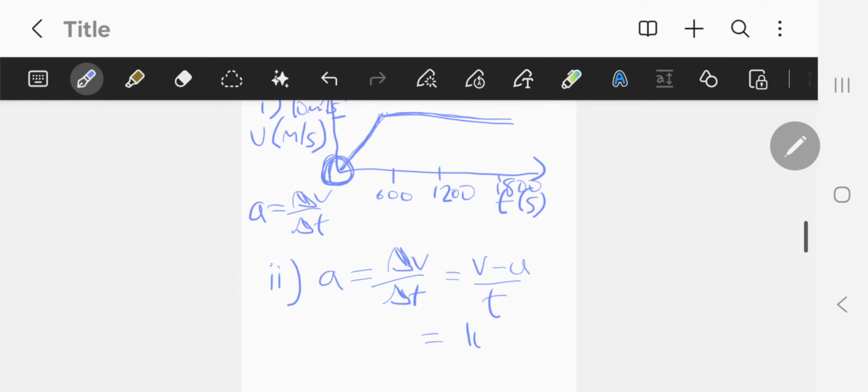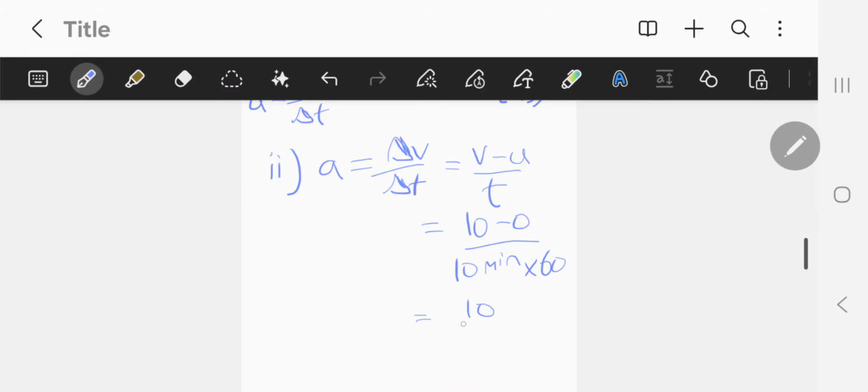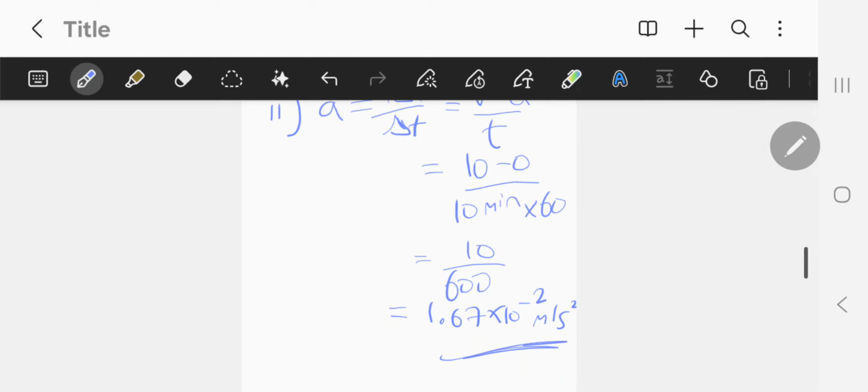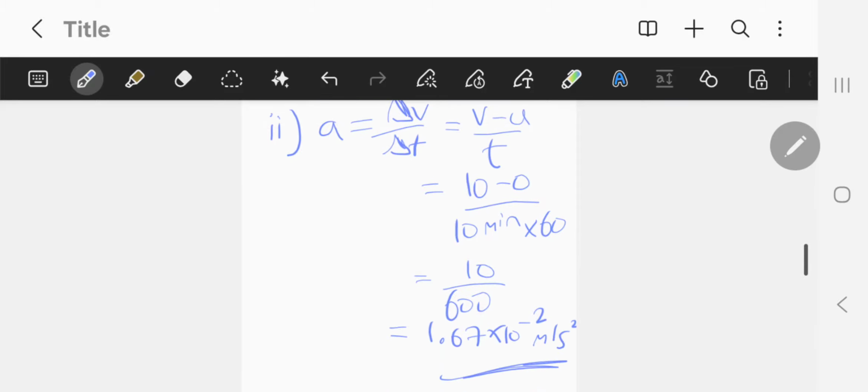So 10 minus 0 over 10 minutes. However, we need time in seconds, because the units are meters per second, so we multiply by 60. So we get 10 over 600, and that gives us 1.67 times 10 to the minus 2 meters per second squared. That's our acceleration for the first 10 minutes.